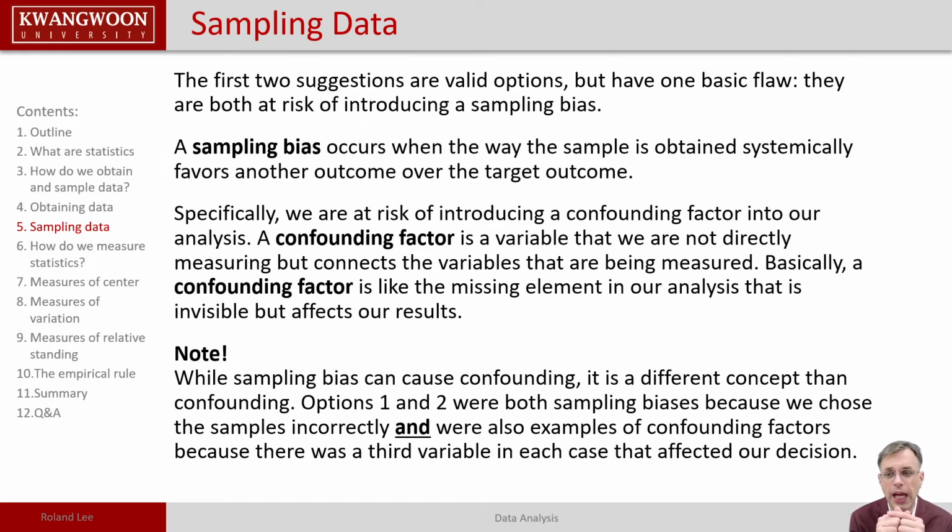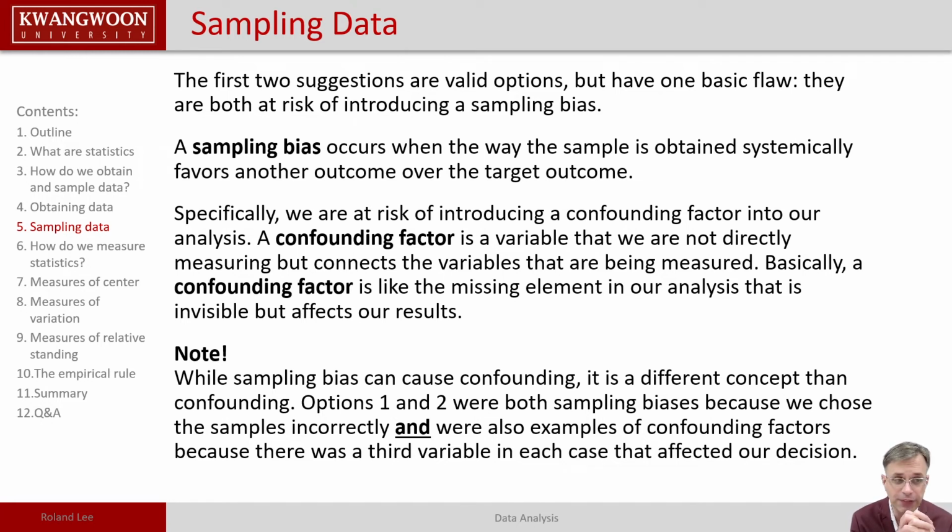If you chose groups based on where they live and what time they log in, we are priming our experiment incorrectly, and now we have much less control over the results. Specifically, we are at risk of introducing a so-called confounding factor into our analysis, which is really not good news.